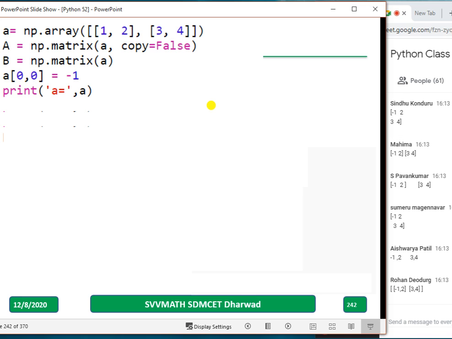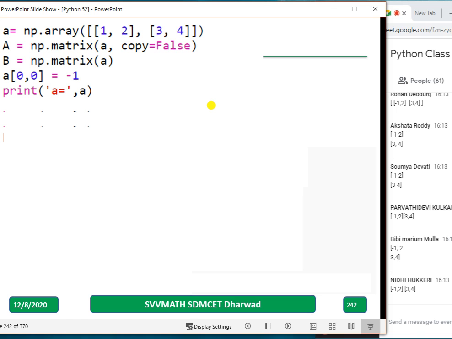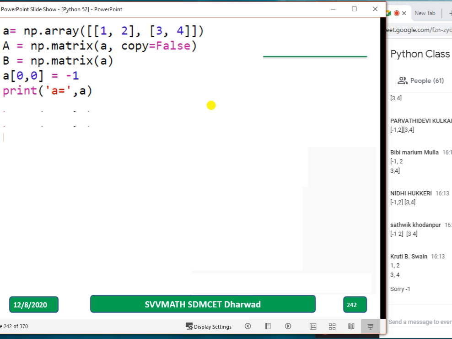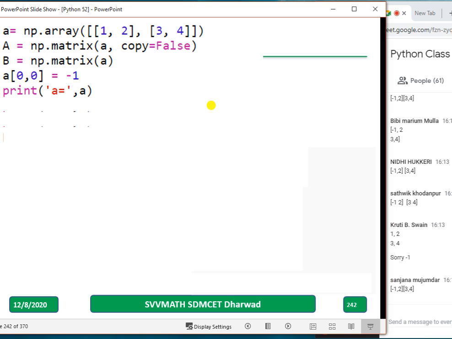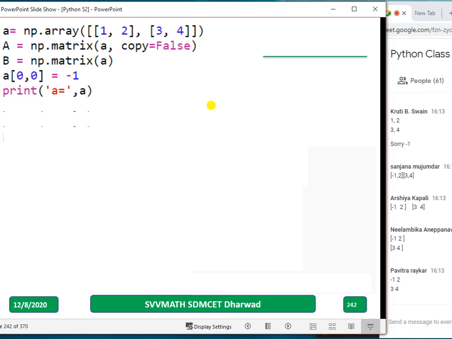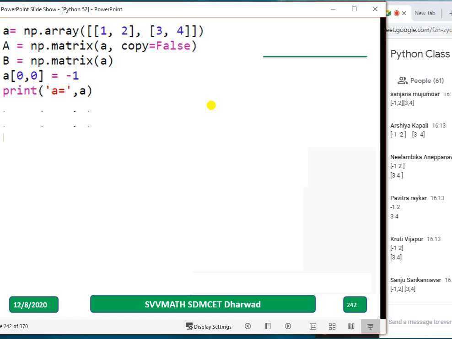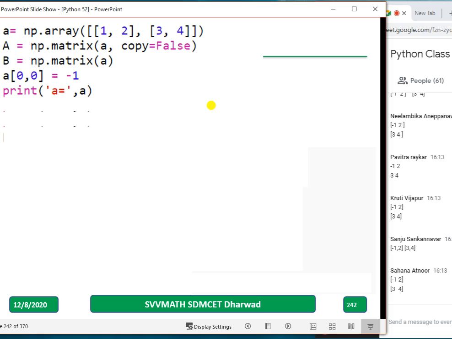Okay, Sumeru, Aishwarya, Rohan, Soumya, Parvati Devi, Bibi Mariam, Nidhi Hukkeri, Kruti. Oh, Kruti has changed the answer. Thank you. Sorry, -1 again. She is changing the answer. Okay, Sanchina, Arshia, Neelambika, Pavitra, Kruti, all are typing the same answer. Oh, all of you are giving attendance.